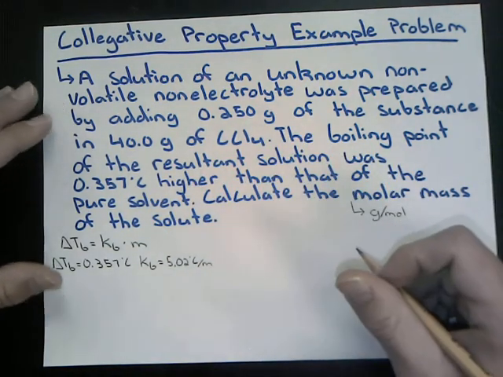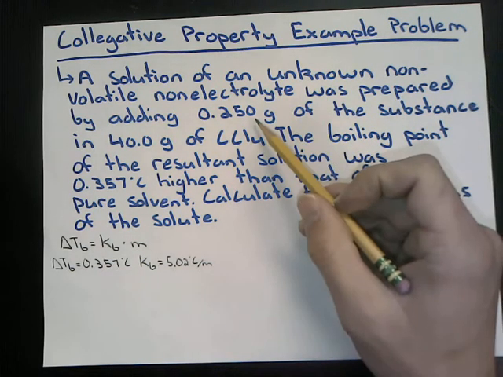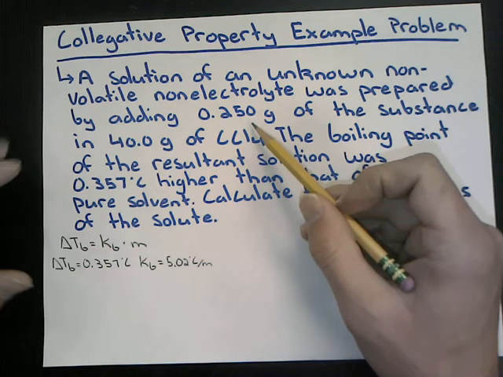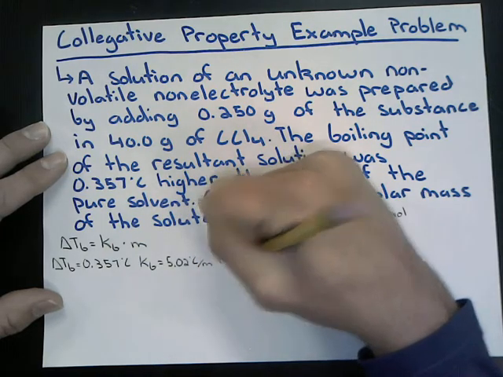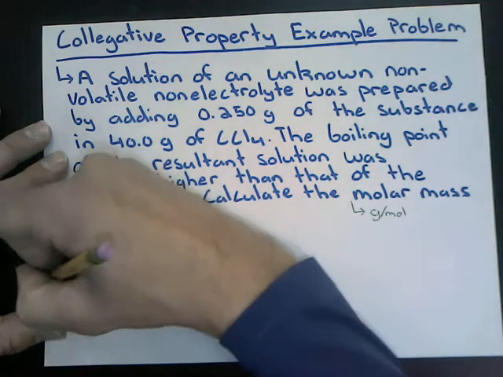Now our molality. It's really hard to calculate molality if we're only given the grams and no molar mass. We can't find moles. So in this case our M, our molality, actually becomes our question mark. So what we need to do is plug these values back into our formula.